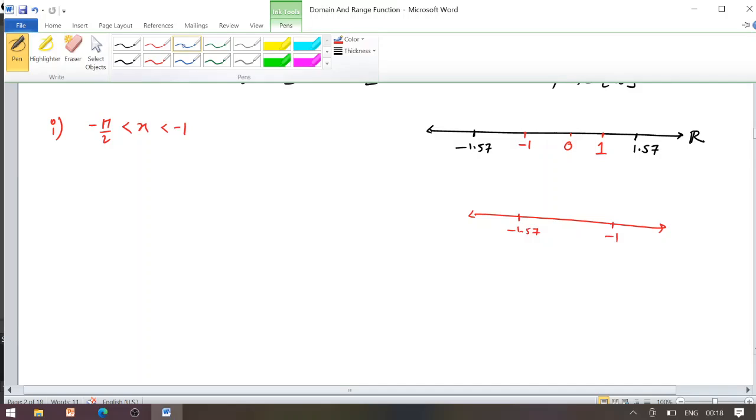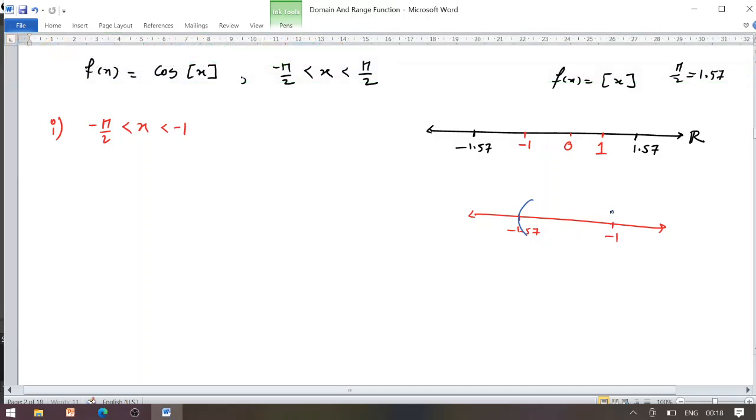We are considering the open interval, keep in mind. So you might consider values from 1.56, which is greater than minus 1.57, up to minus 0.99, because minus 1 is under consideration, greater than minus 0.99.